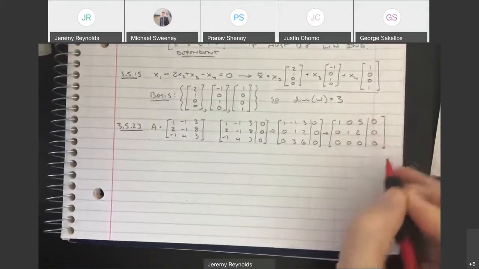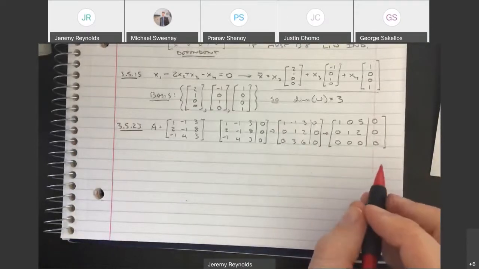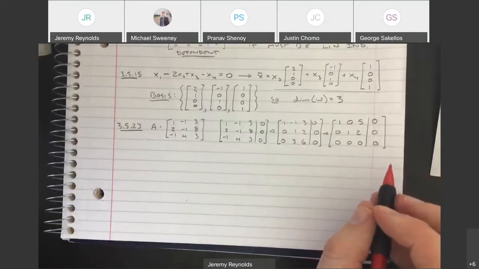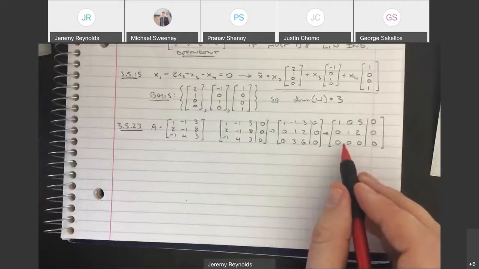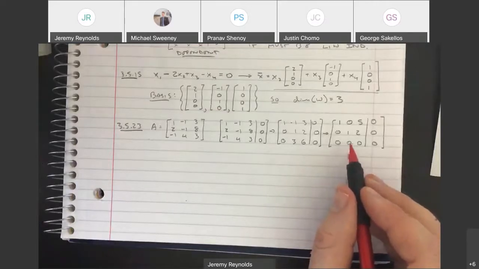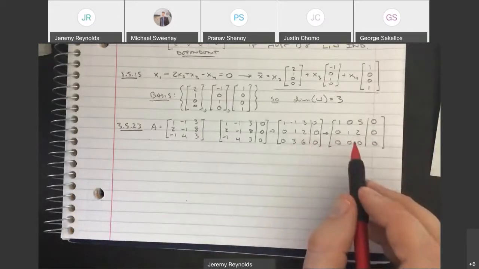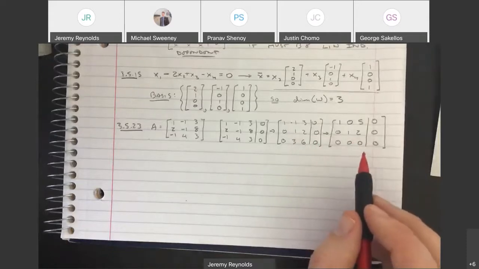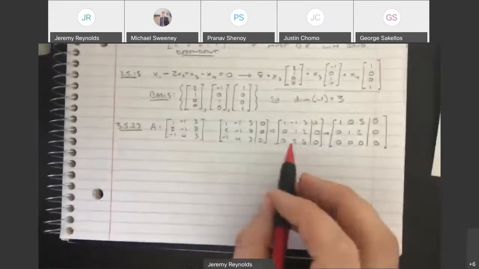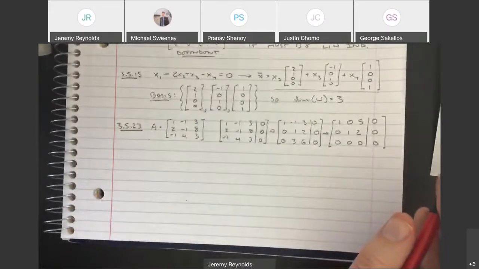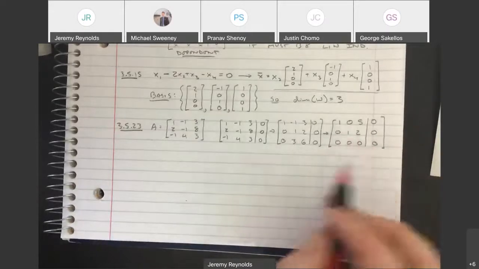Now we can see from this matrix, we are able to get both our spanning set for the matrix, and we can also get the null space. For x1 and x2, we can see that they're both dependent on x3.